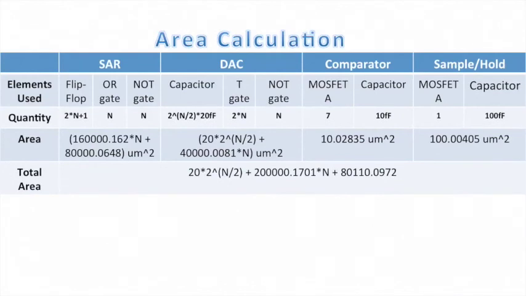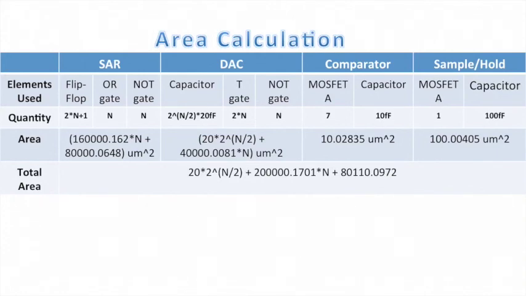At the highest level of the hierarchy, we had the shift register, the DAC, the comparator, and the sample and hold circuit. And as you can see, we've tried to quantify these components on a bit level basis, whereby if you needed to build a 1-bit SAR, you would have to use 2 + 1, 3 flip-flops, 1 OR gate and 1 NOT gate.